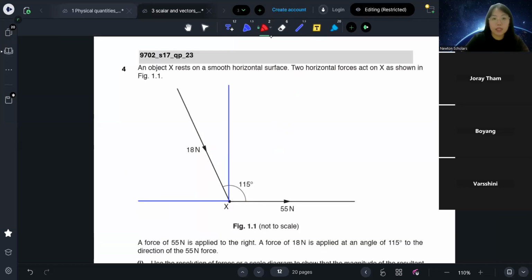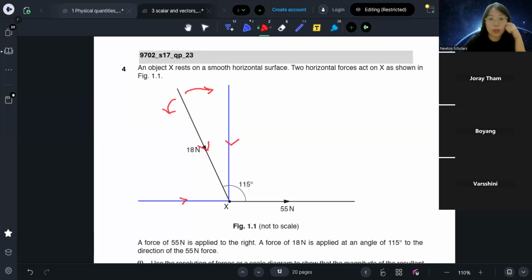Basically, I split in this way. Then how about the direction? You look at this direction, it's pointing in. So here I should point in, and here I should point in. So the direction will be like this.